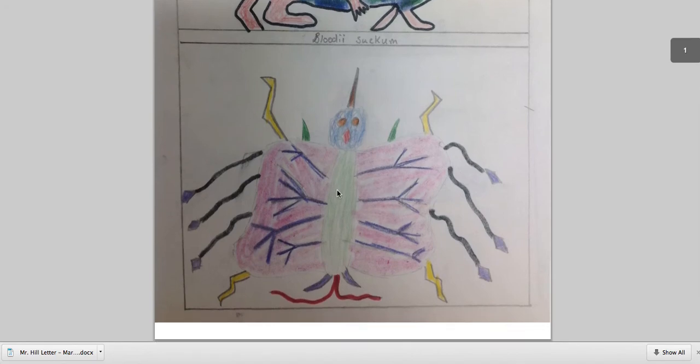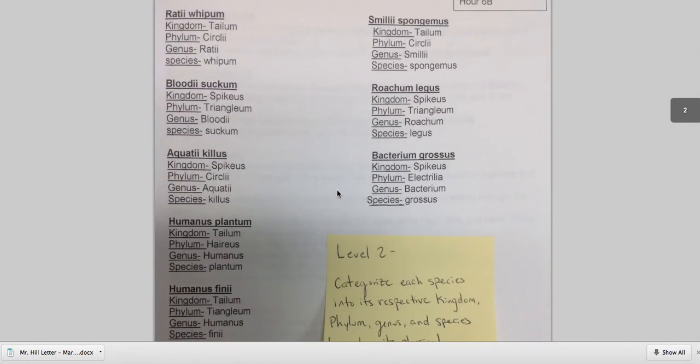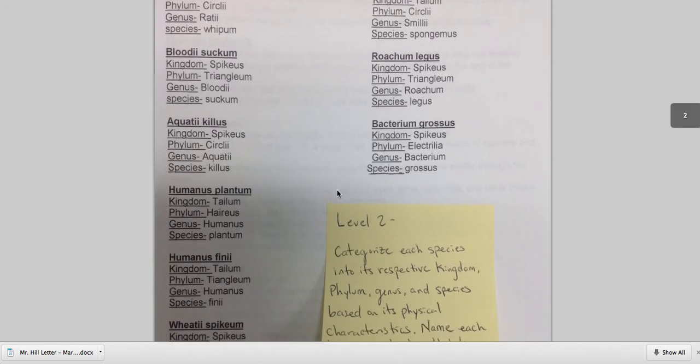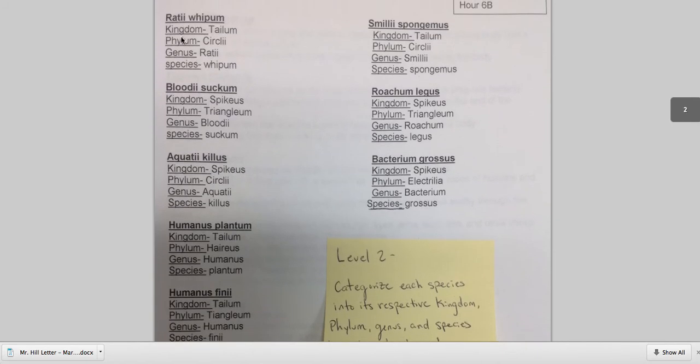Latin sounding names. After that, you need to categorize these different organisms into their kingdom, their phylum, their genus, and their species based on their physical traits. For each of my species, I had to do that. One of my species was Rati whippum. Its kingdom was Talum, phylum was Circuli, genus Rati, species whippum.